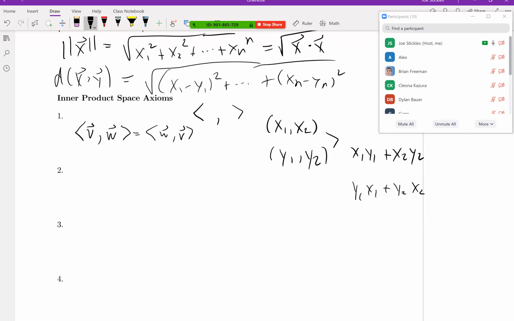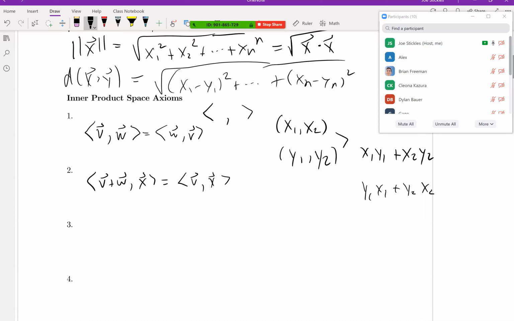All right, so the second one is a distributivity axiom that says that basically inner products distribute over vector sums.